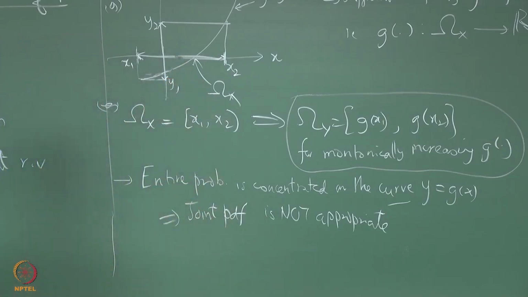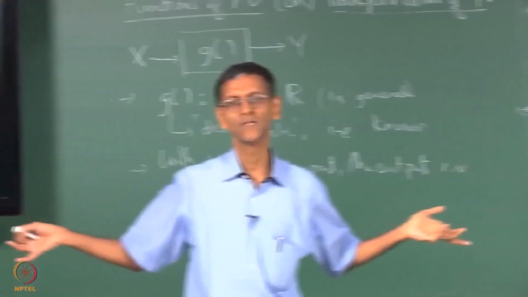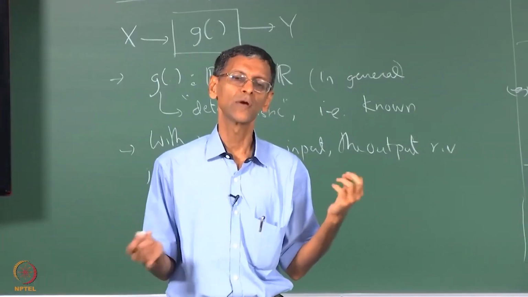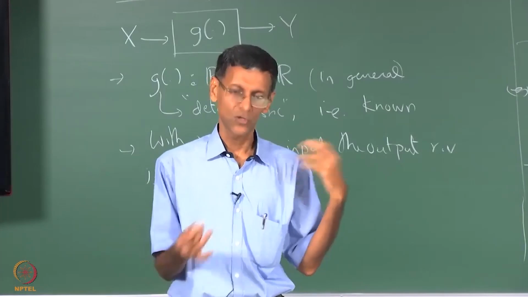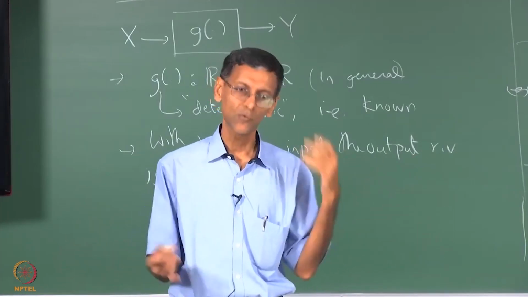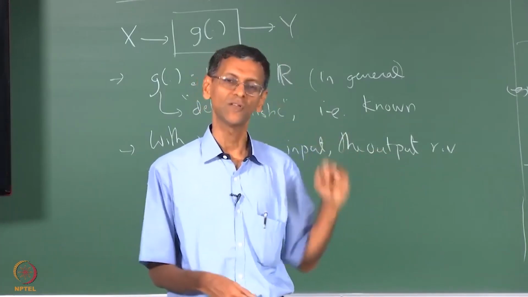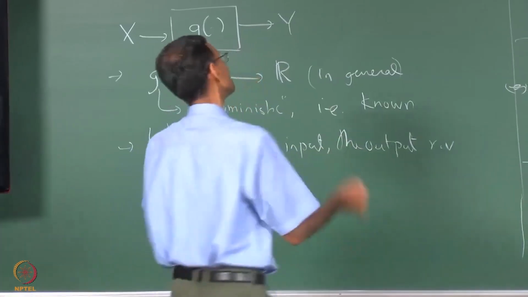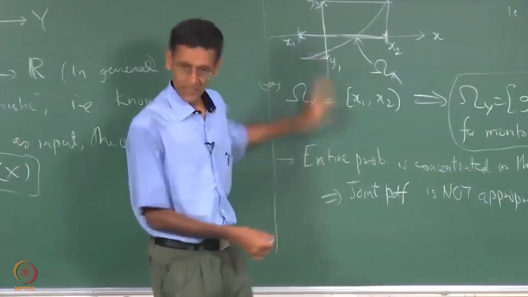You know exactly what the value of y is: y has to take the value g of x naught. So the conditional PMF, y becomes a deterministic quantity. With probability 1 it will only take the value g of x naught when x takes the value x naught.